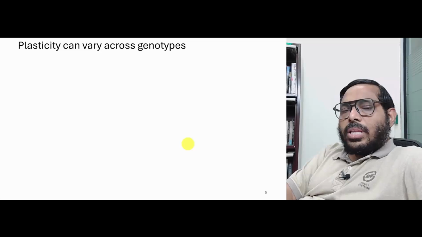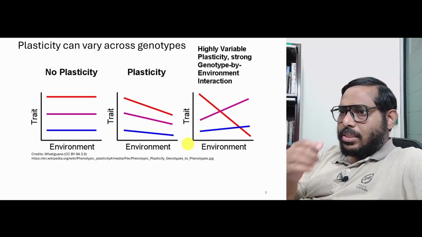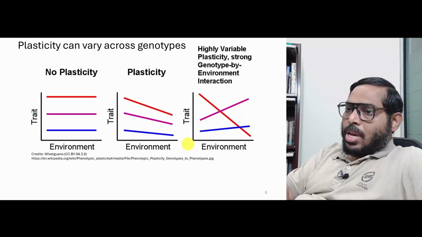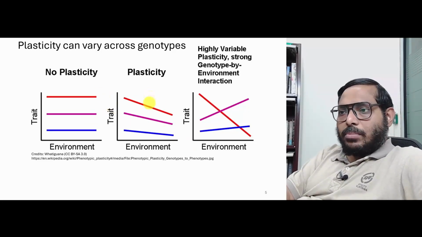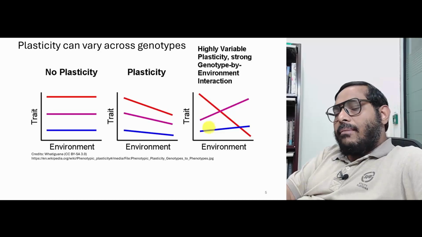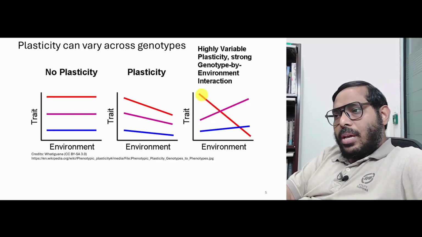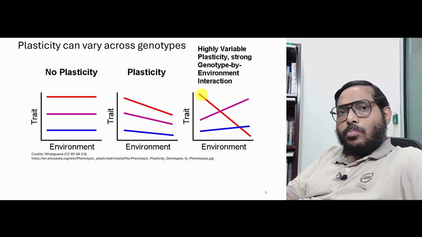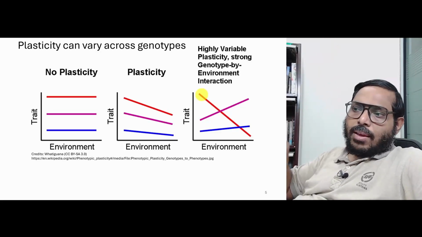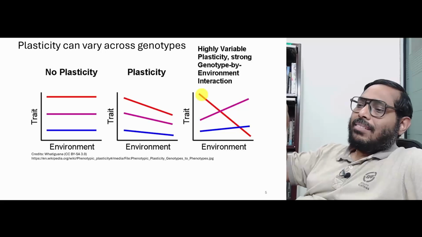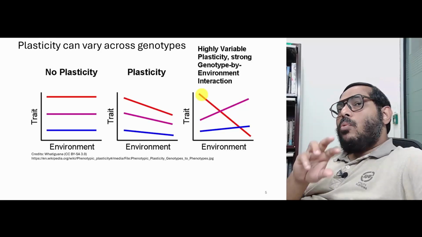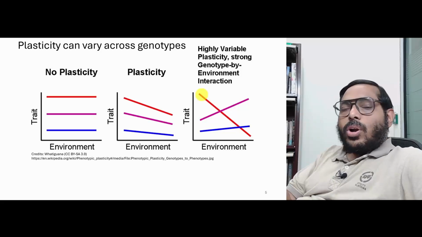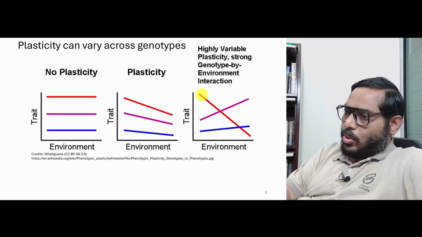Now, one of the things that we had remarked at that point is that sometimes plasticity can vary across genotypes. So, along with these two cases of no plasticity, you can have a situation wherein, for example here, the red one, when it is going from say environment A to B, the value is reducing, whereas for the other two the value is increasing. So, in other words, how a genotype will respond to an environment will vary across genotypes.